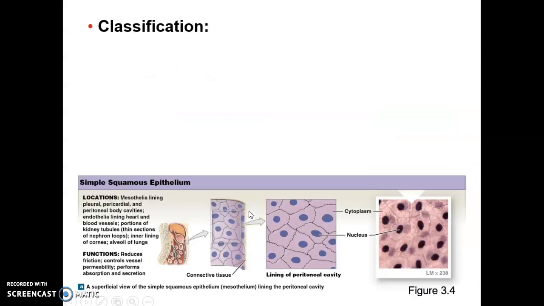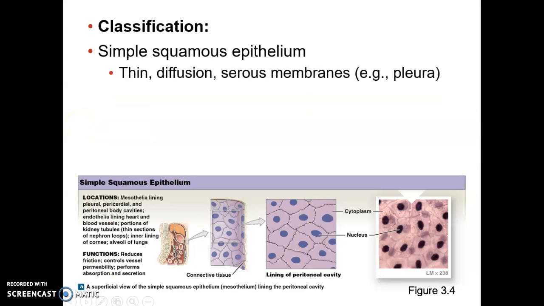Okay, let's go to a simple squamous epithelium. What's its basic function? Well, it's very thin. It's only one cell layer thick, which means it's good for diffusion. And it's found in places where we have serous membranes. We mentioned that in chapter 1 or 2, like the pleura surrounding our lungs, or the peritoneum, that tissue membrane surrounding our internal organs.